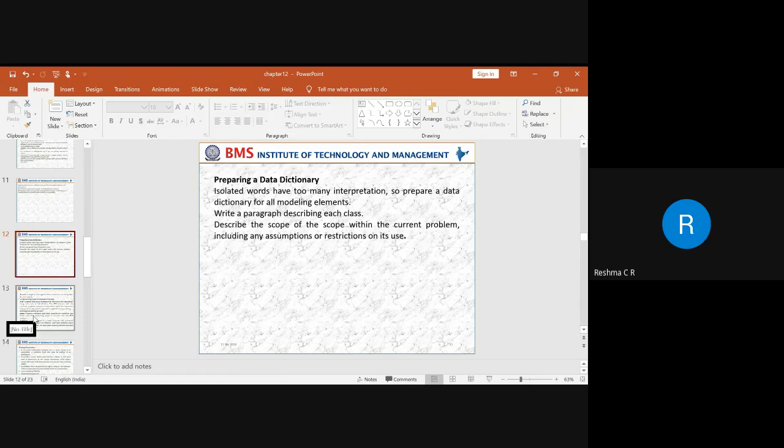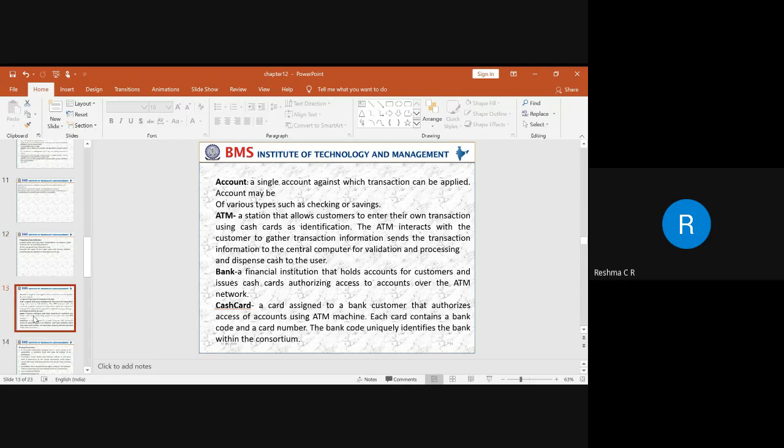Here is an example of how we take the data dictionary for an ATM system. Account is the name of a class. For this account, a person can have a single account in a particular bank, and he can perform a transaction based on an account.